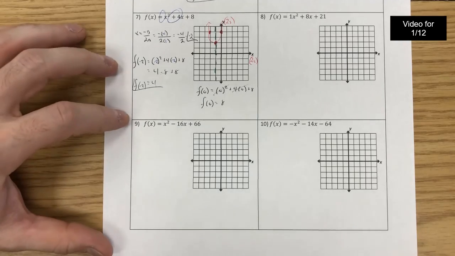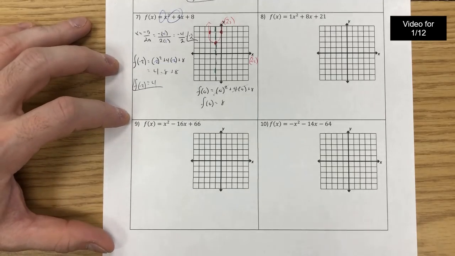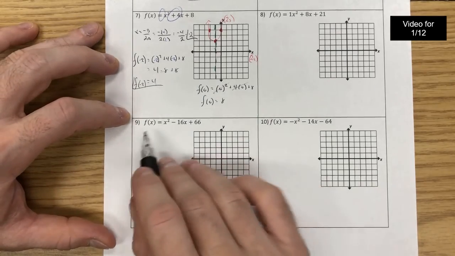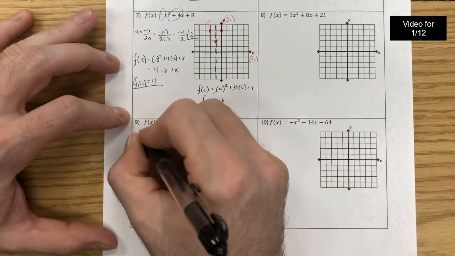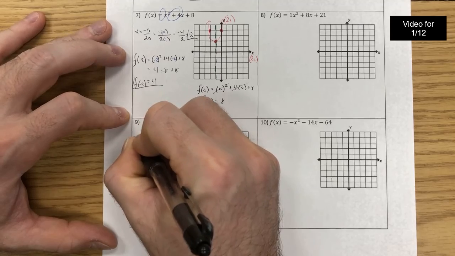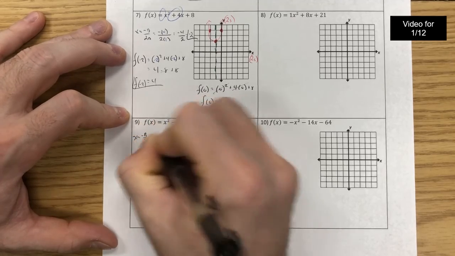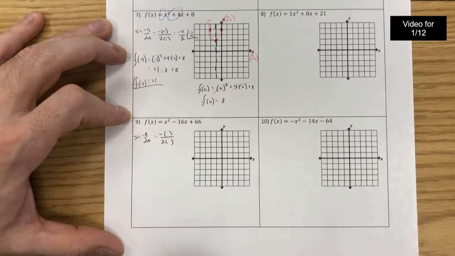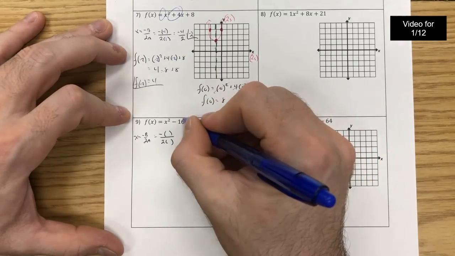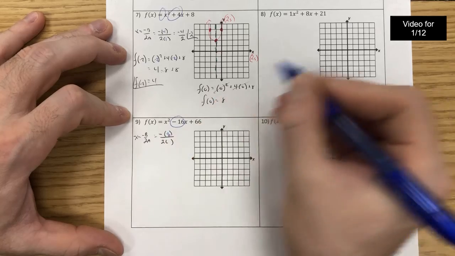Okay, let's take a look. I'm going to assume now, just by the trend we've seen, that factors of 66 are probably not going to add up to 16. But x equals negative b over 2a. We have a better way to do this. My b in this case is a negative 16.